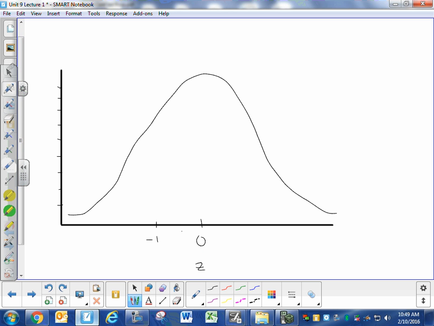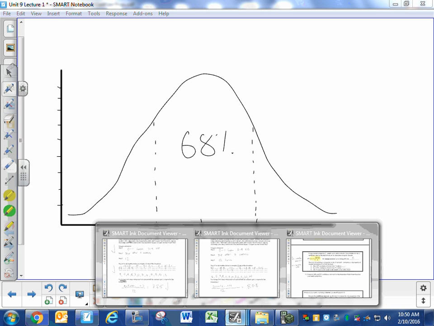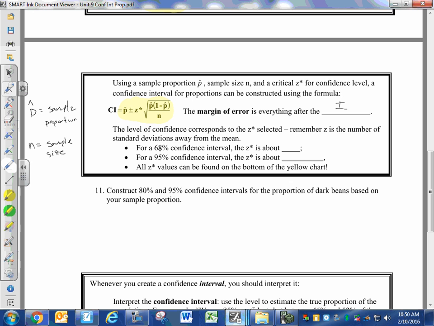I could go out -1 and 1 standard deviations away from the mean. What percent of our total values were between -1 and 1 standard deviations away from our mean? 68%, exactly. So if we are asked to produce a 68% confidence interval, we're going to use a z of 1.